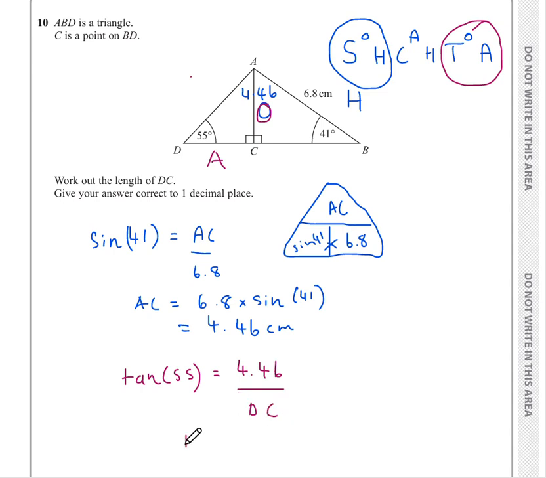Okay, in order to work out DC, I'm going to need to divide 4.46 by tan 55. So multiply by DC, divide by tan 55. And that's going to give a length of 3.1 to one decimal place.